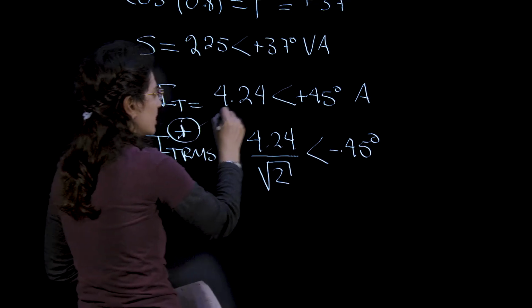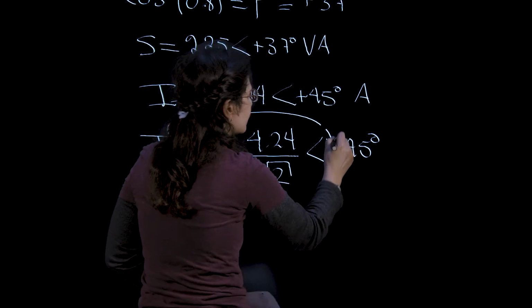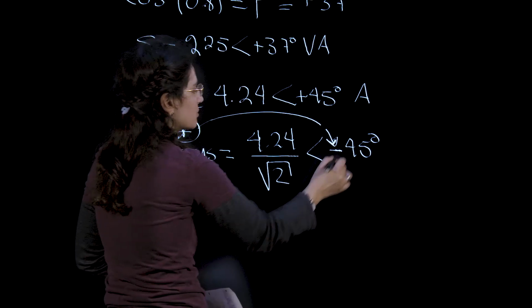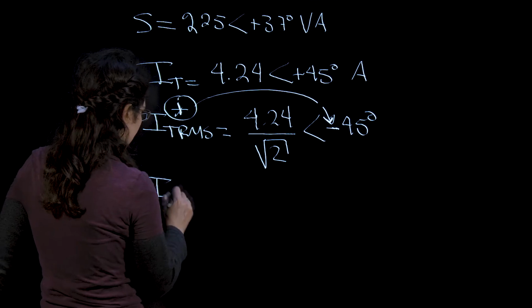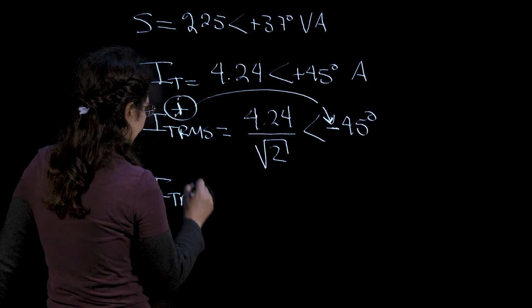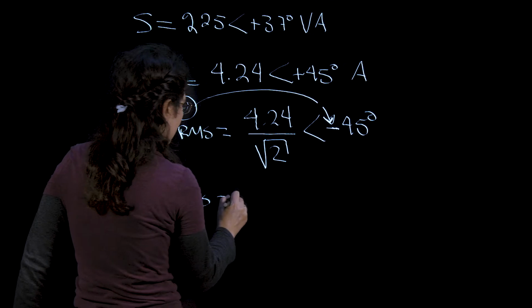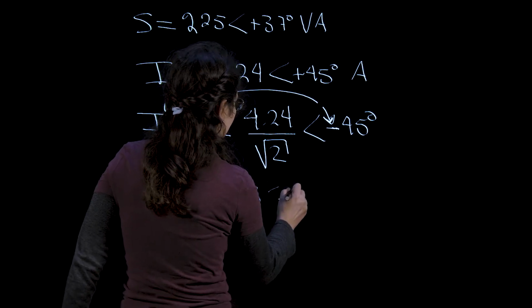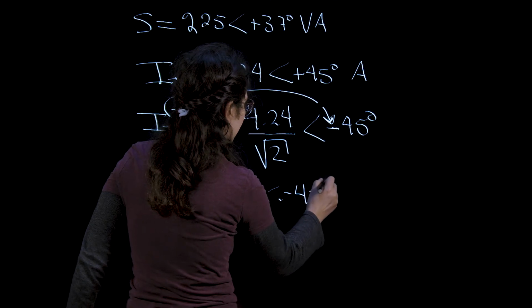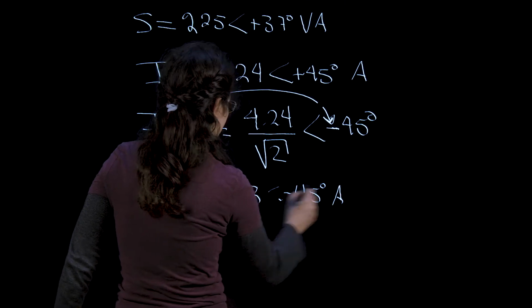So this complex conjugate makes my sign become minus. So my total current conjugate is equal to 3 at minus 45 degrees amperes.